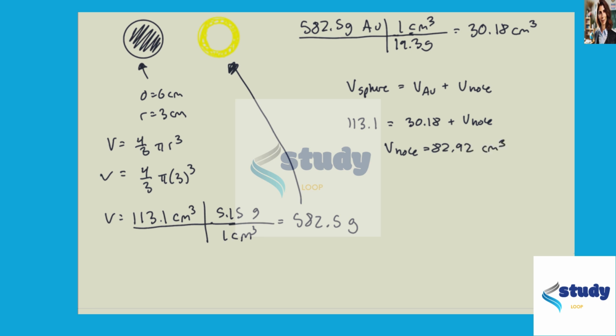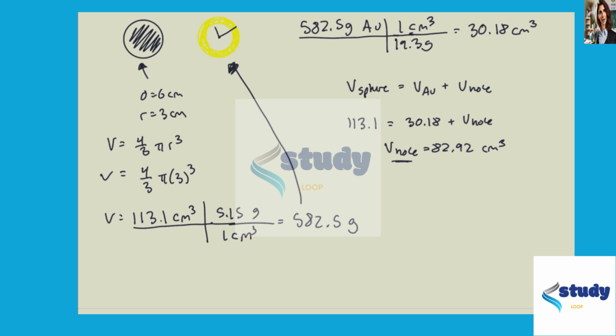So the reason why we want to calculate the volume of the hole is that we want to find out the thickness of the gold layer. And how we can do this is we know the radius of the sphere, and we can calculate the radius of the hole because now we have its volume.